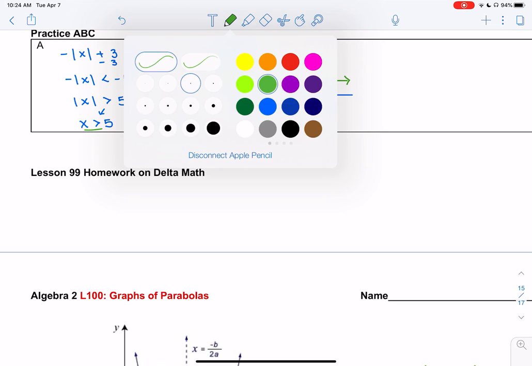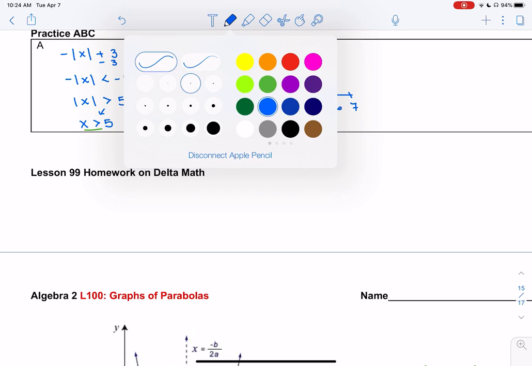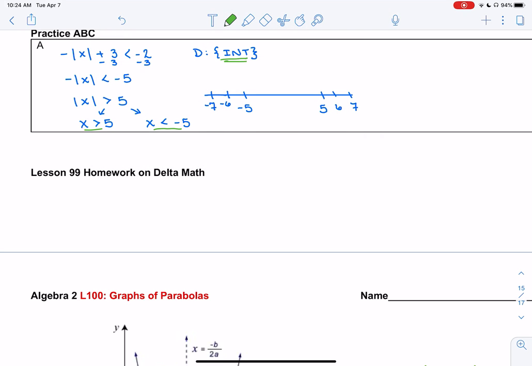So what that means is when I go back, I can't actually put a closed circle on the -5 or +5. Okay, so I'm going to go back here and get rid of that. And instead, think of it as if it's an open circle at -5, the next number is the first time I get a closed circle. That would be at -6. Same with this side, it would be +6 and +7.